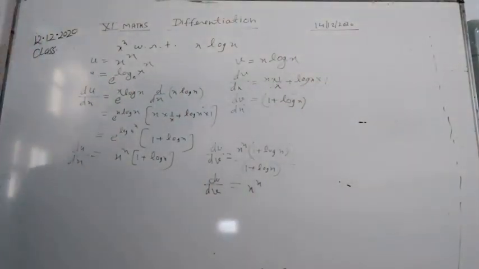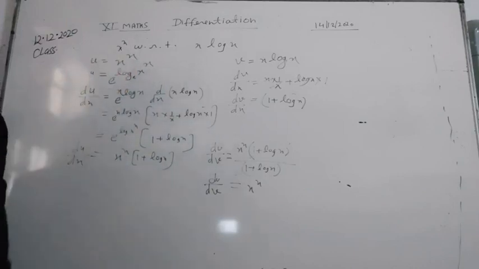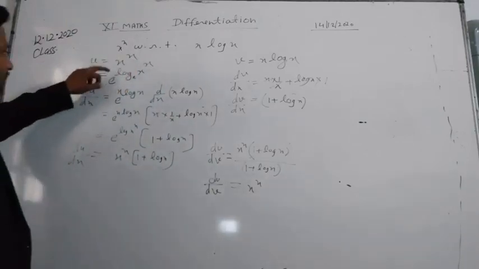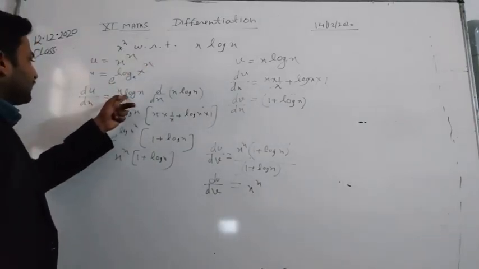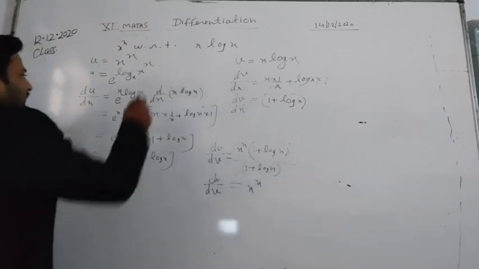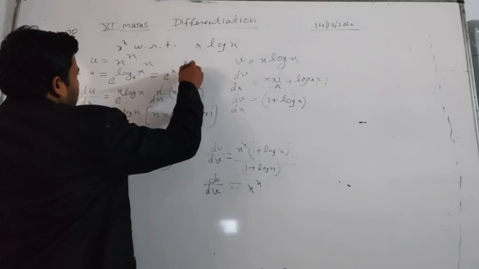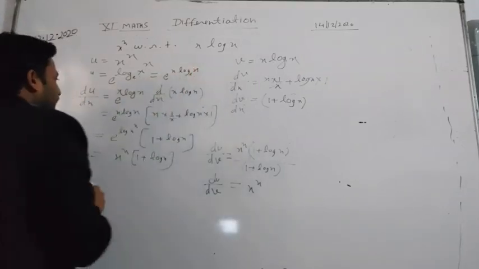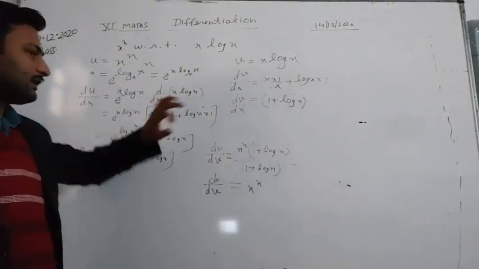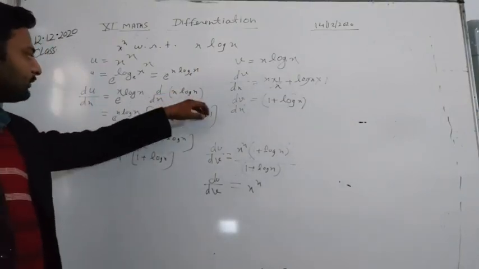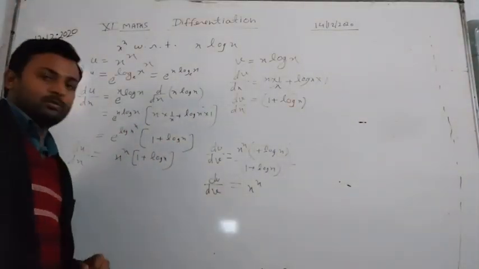Okay student, we have taken this term u as x to the power x, and this we can write as log e to the power log x to the power x. This can be written as x log x, so here we can write e to the power x log x. Now the differentiation of this term is e to the power x log x times the differentiation of x log x. Here we apply the product rule, so we get 1 plus log x, and this term will be changed into x to the power x.